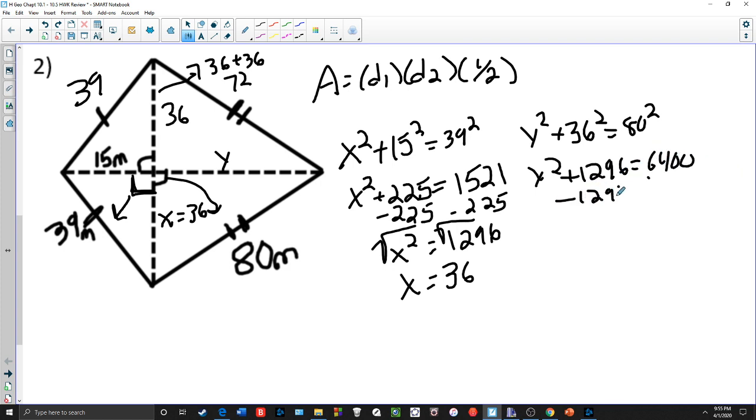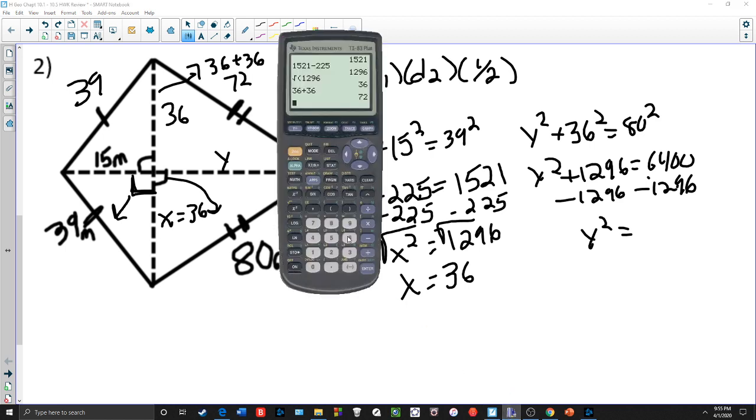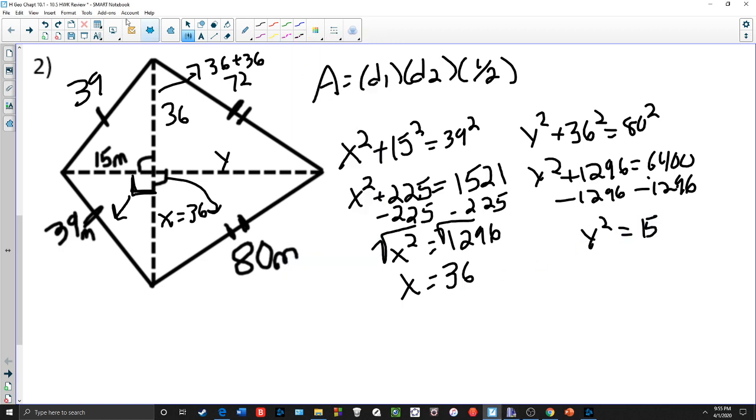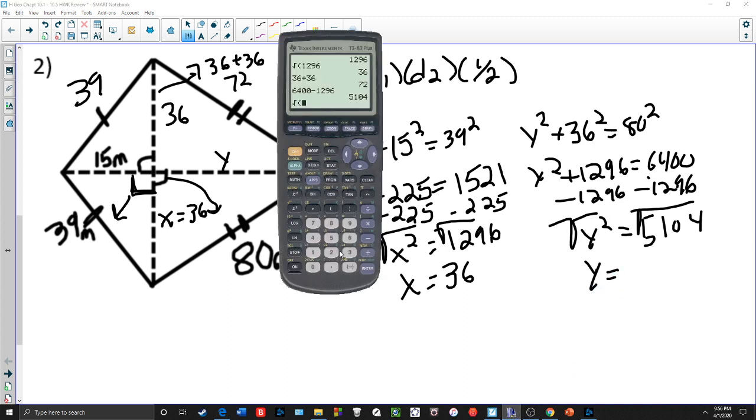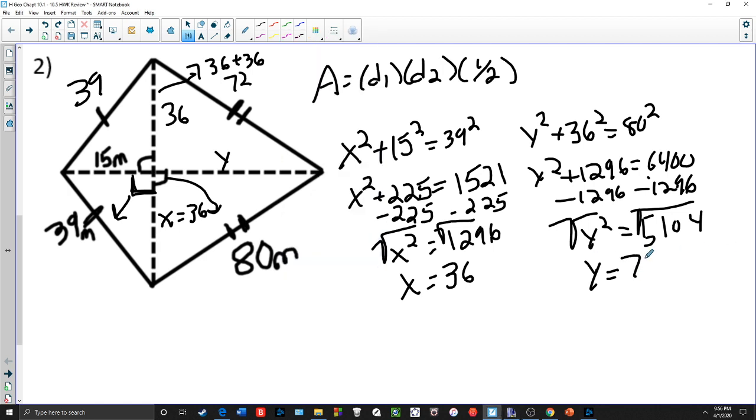Subtract 1296, and I get y squared is equal to some big number I got last time I did this. 6400 minus 1296 is 5104, and then I root, and I get y is equal to 71.4.